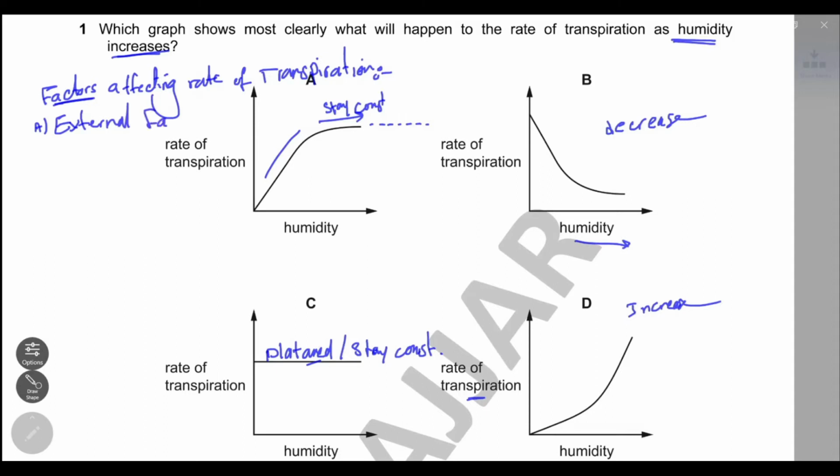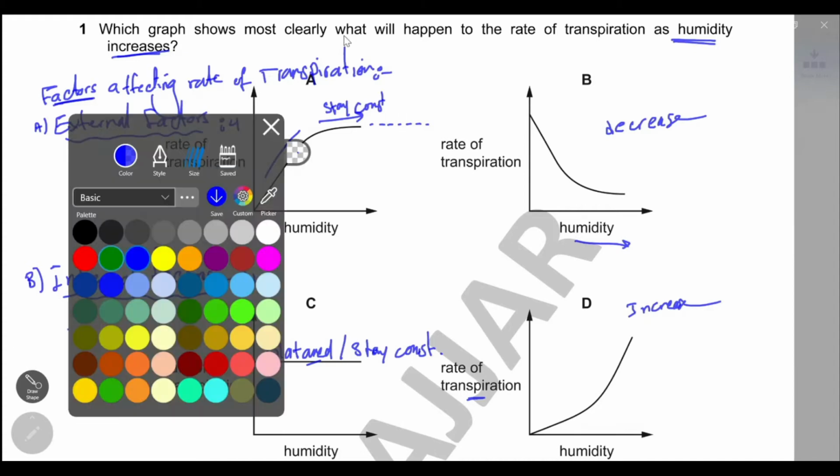External factors, and we have B, internal factors. In both of them we have four factors. Here 4 and here 4.